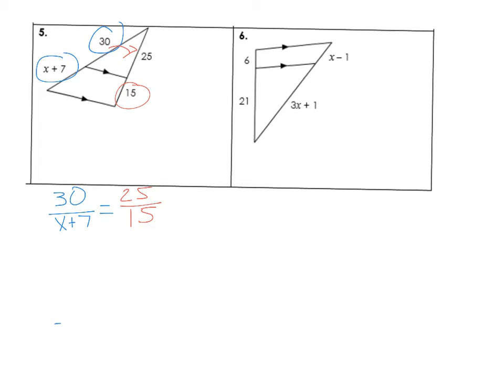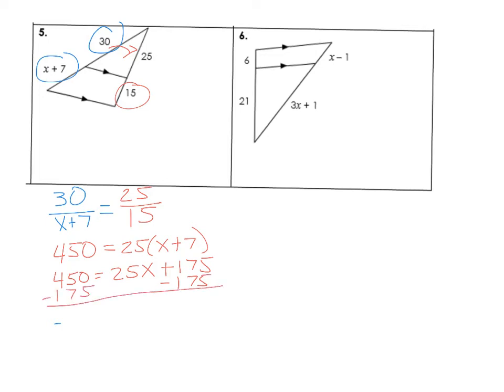So now cross multiplying is what makes this difficult. We have our 450 equals 25 times x plus 7. 450 equals 25x plus 175, minus 175 on both sides. 25x equals 275.